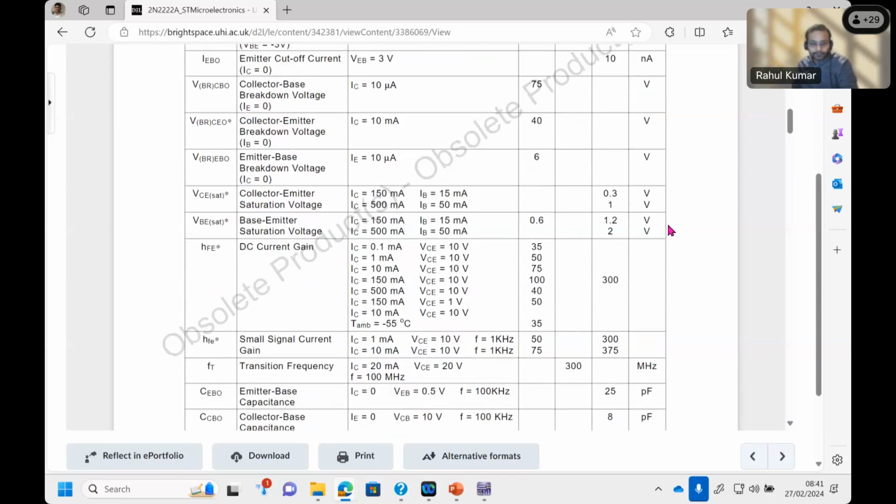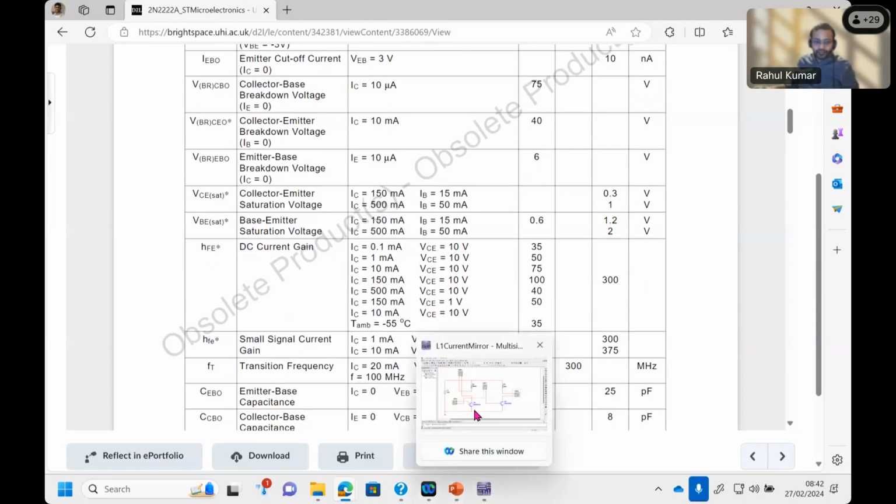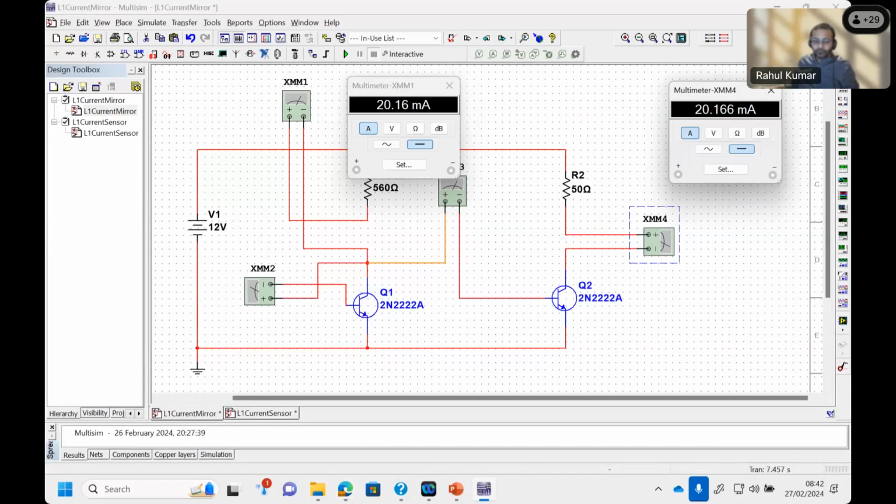So we are interested in small signal current gain. Basically we'll be applying a small AC signal at the input, and we see how much amplification we get in the output. But in the circuit we are applying a DC voltage.